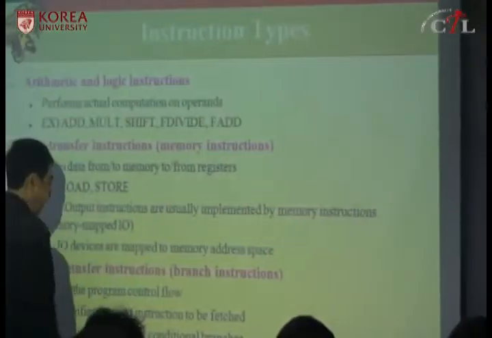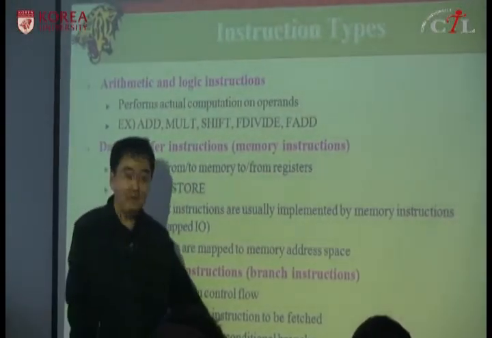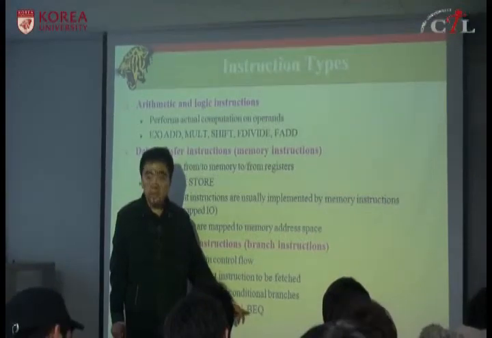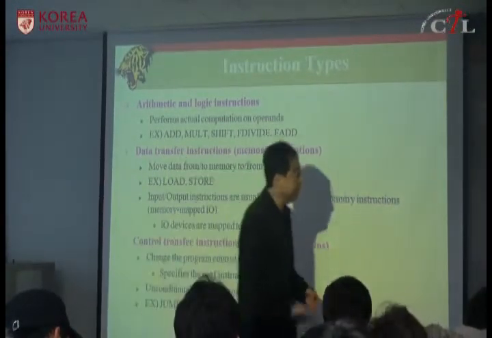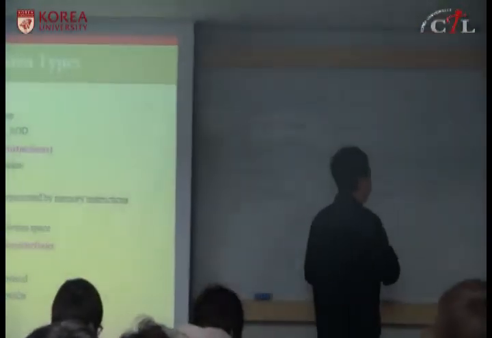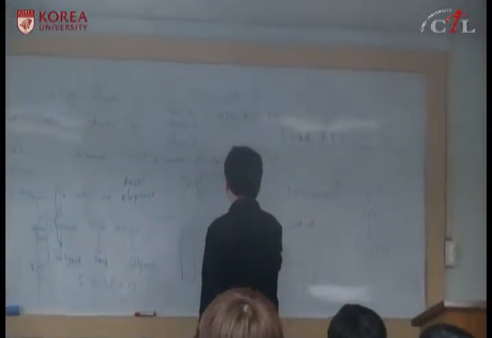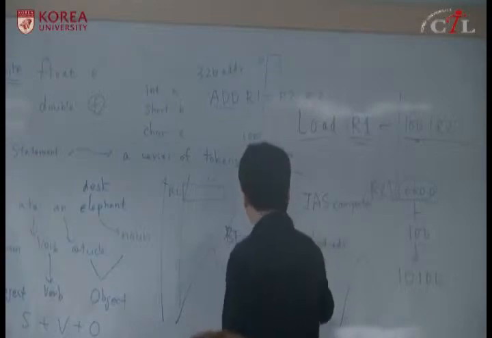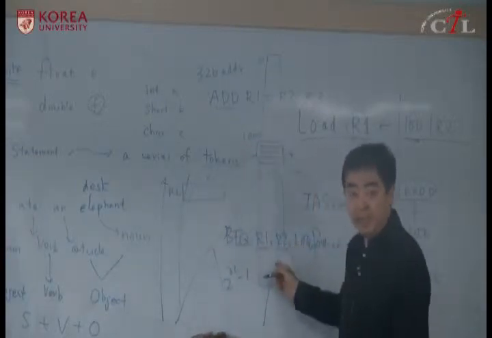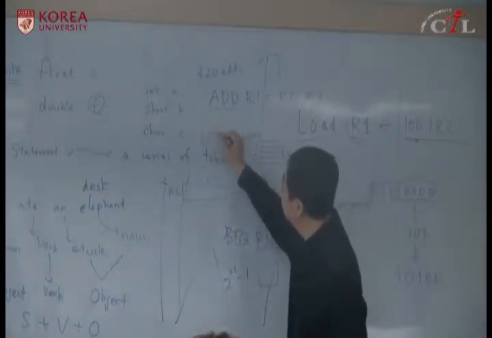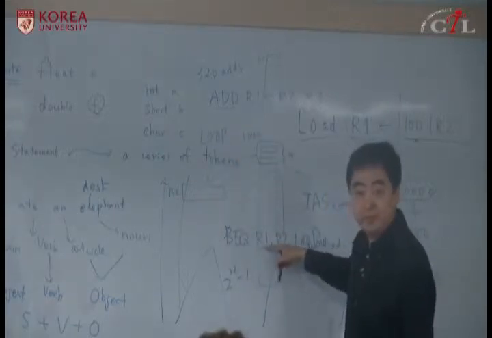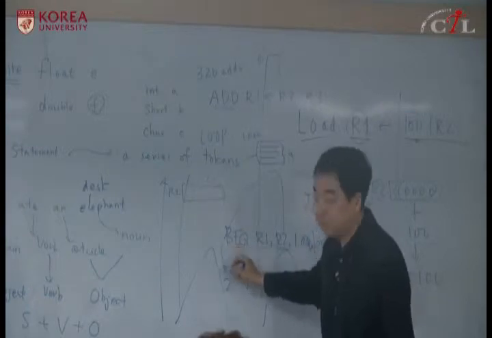For the return. Branch equal is a conditional branch instruction. You branch if the condition holds. An example of branch equal is BEQ R1, R2, loop. If R1 and R2 are the same, you go back to loop, and you are doing iteration until this condition is met. Otherwise, you go to the next instruction.